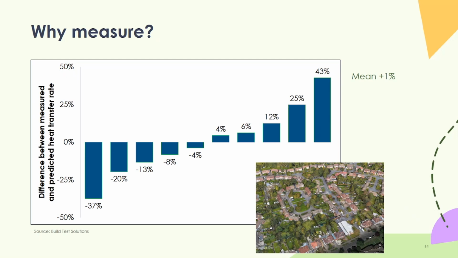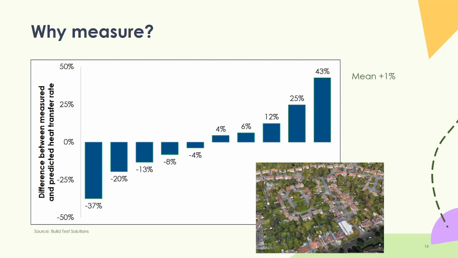And with RDSAP on an EPC, they all present as the same rating and all very similar performance. But actually, when we've been to these homes and measured the heat transfer coefficient, we've seen quite a spread of performance.